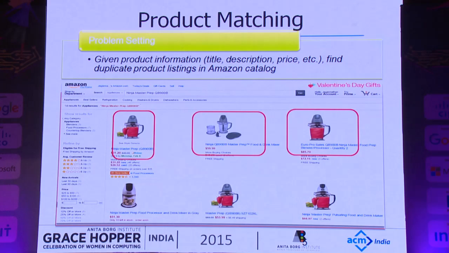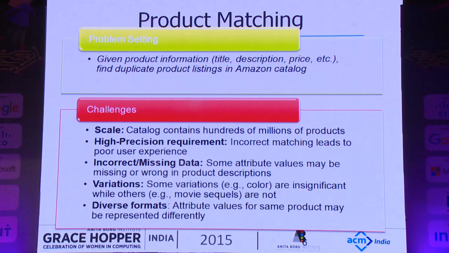Next slide. The challenges that exist here are, again, the scale, because the catalog has hundreds of millions of products. And we want very high precision here. We can trade off recall: there could exist two products which are independent but the same, but there cannot be two products clubbed together that are not the same. To some extent, there also exists a relation with domain adaptation.